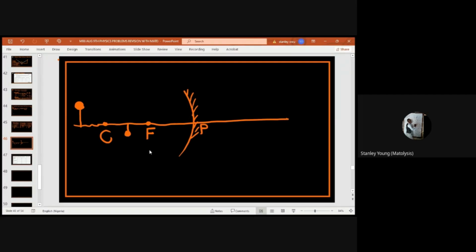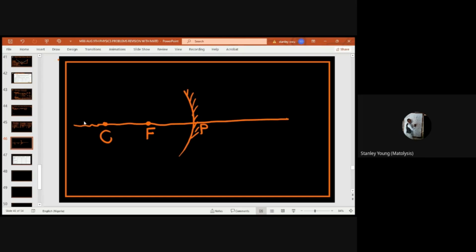And it's going to be diminished. When you have the object positioned on the center of curvature, the image formed is going to be inverted, formed at the center of curvature. It's going to be the same size as the object, and it's going to be real.